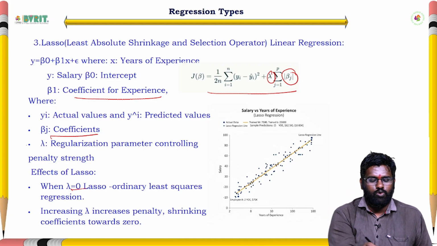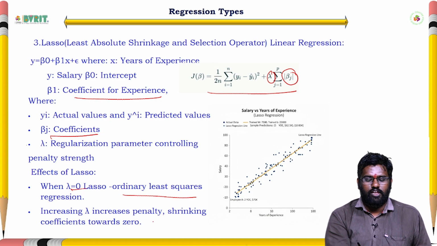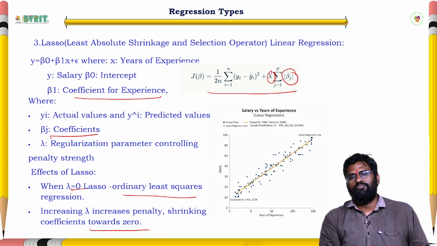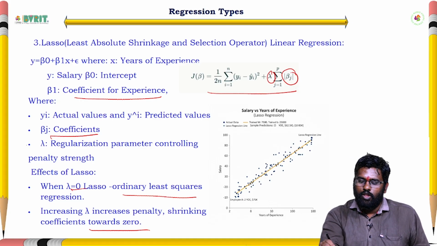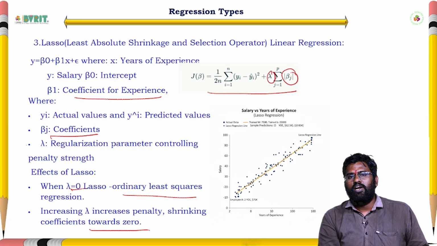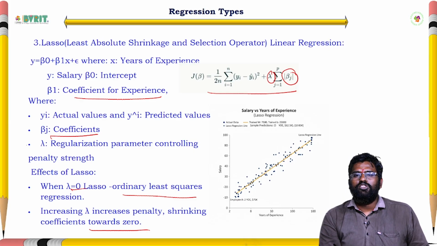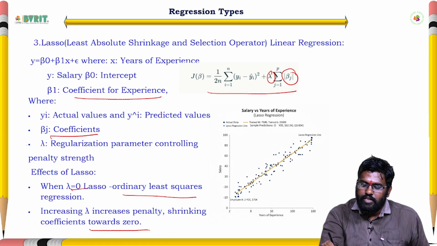When lambda is 0, it is ordinary least squares regression. In case it increases, the coefficients move towards 0. See here the lasso regression. The main difference between simple and lasso regression is this: simple linear regression uncovers some of the points in the given data set, but lasso linear regression is used to cover all the points in detail.